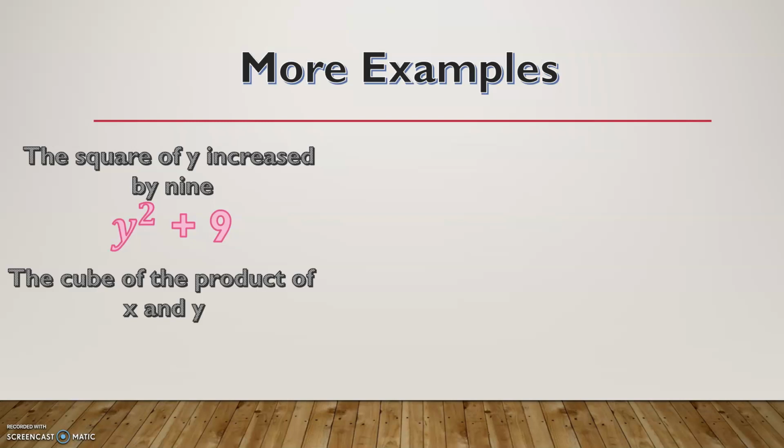The product is cubed, not just one letter. It should be the whole thing. So, you need to write the product inside the parentheses and the cube outside the parentheses, since it should be the cube of the product, not a variable only.